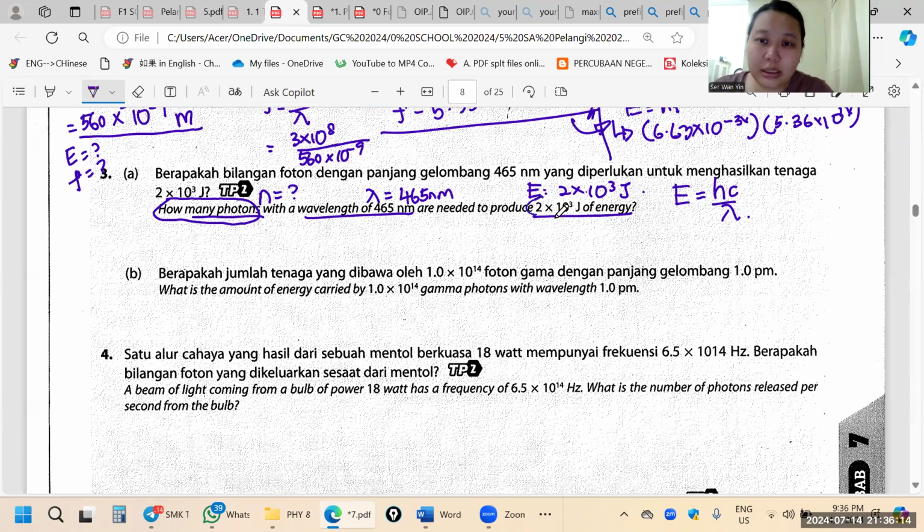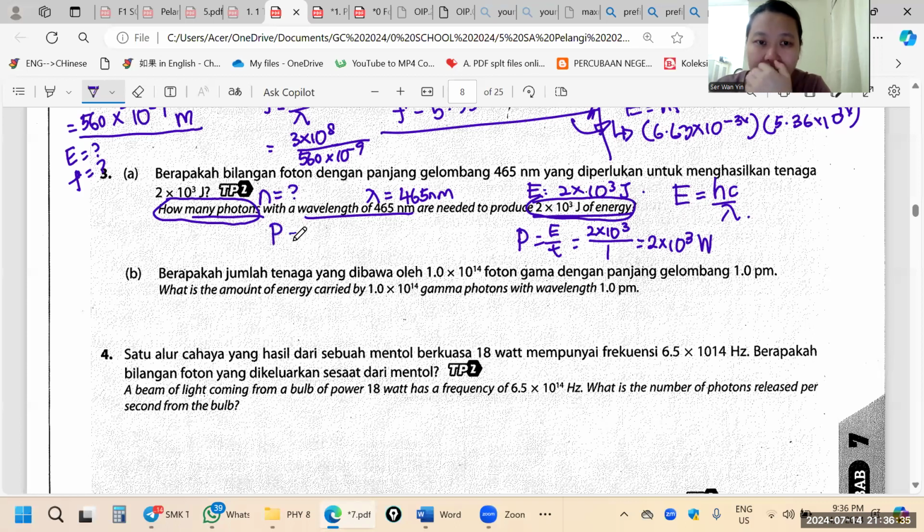Maybe we treat this as P equals to E over T. So we treat this as power, 2 times 10 powers of 3 per 1 second. So now this is 2 times 10 powers of 3 watts.